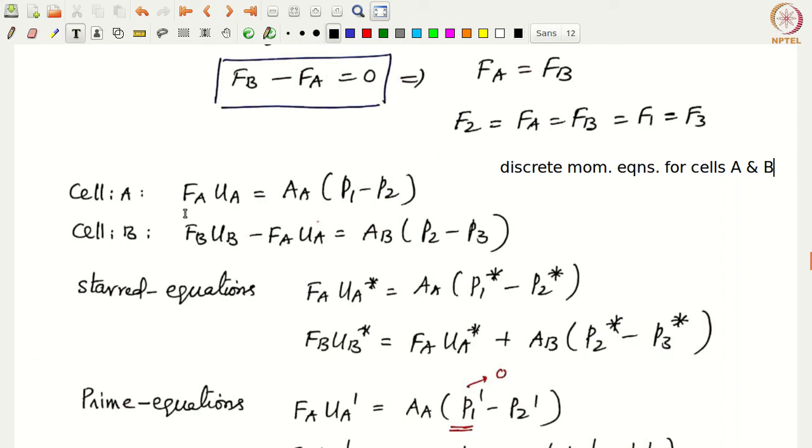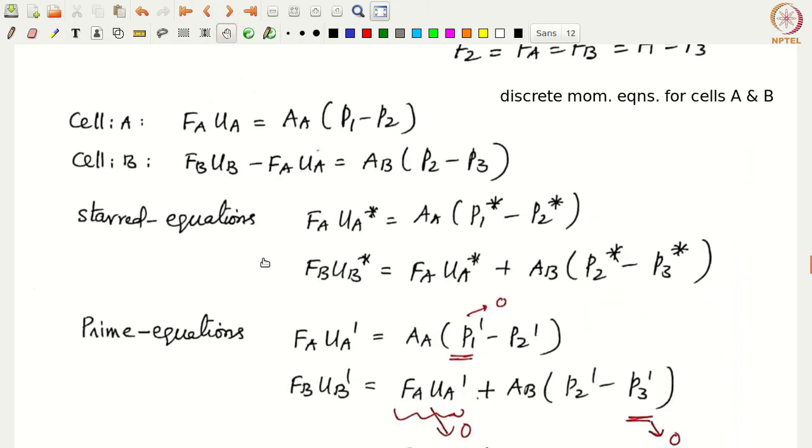So how do we construct the star equations here? Star equations use a guess value for pressure, and the velocity values are the star values that these equations have to be converged to. That means the star equations for cell A is FA UA star equals AA times P1 star minus P2 star, and FB UB star equals FA UA star plus AB times P2 star minus P3 star.